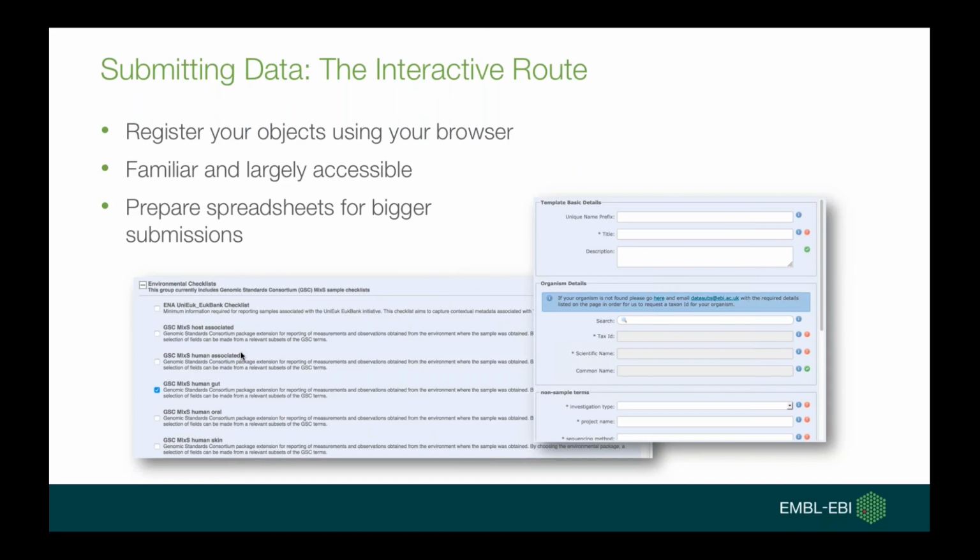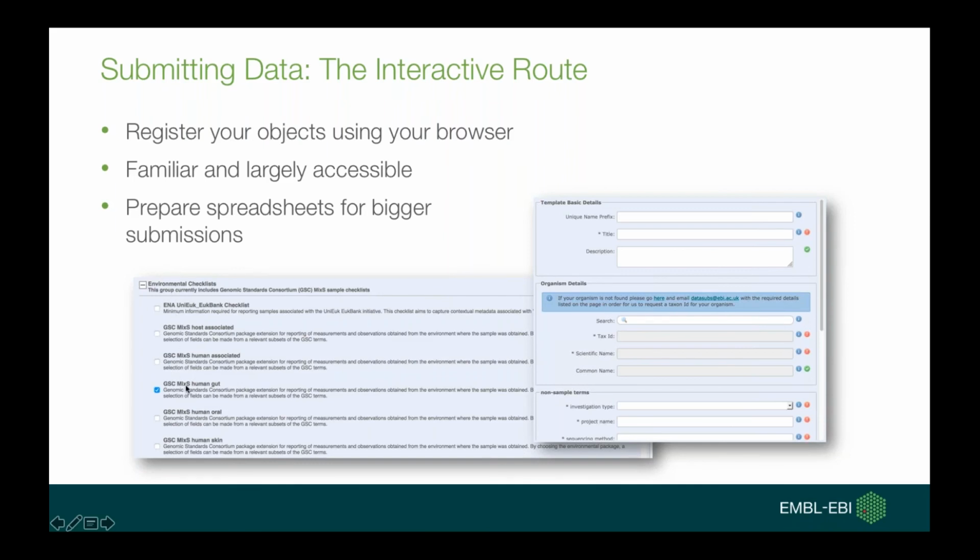And I've included a couple of screenshots from this interface here. In this case, we are submitting some samples. Remember that samples are the biological origin of the data that you have produced. And when you submit samples, you have to fill out a checklist. Here you can see some of the environmental checklists that we offer.